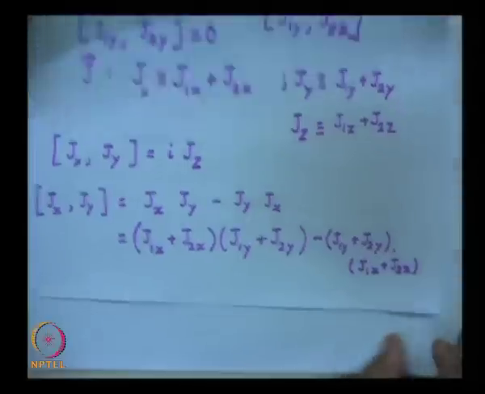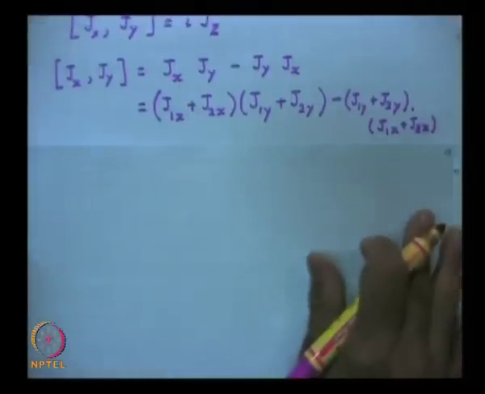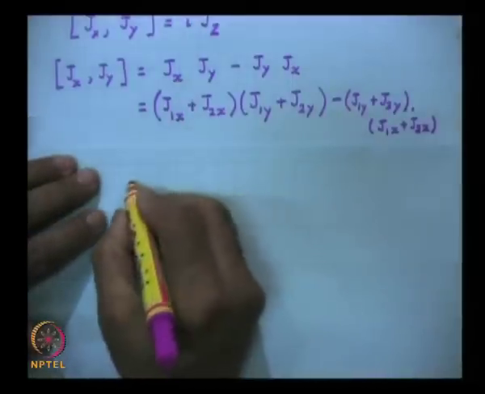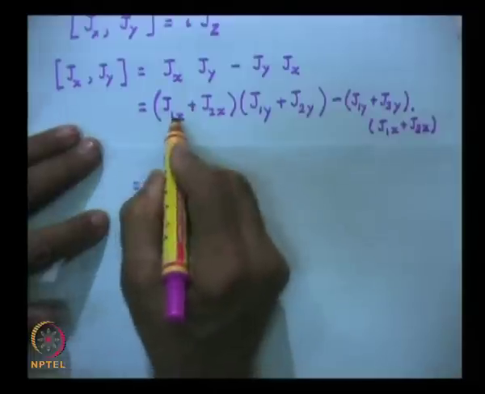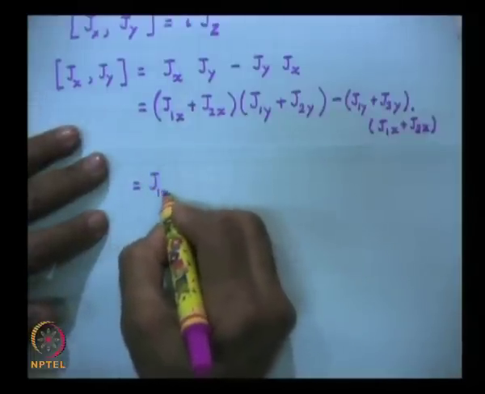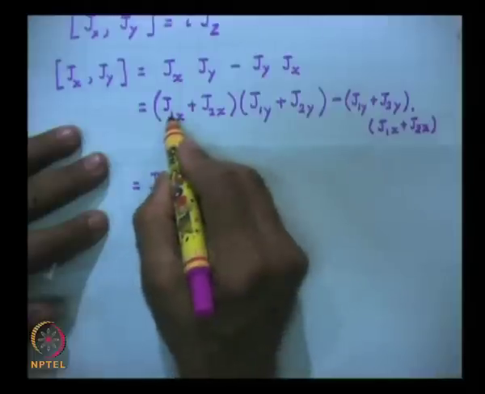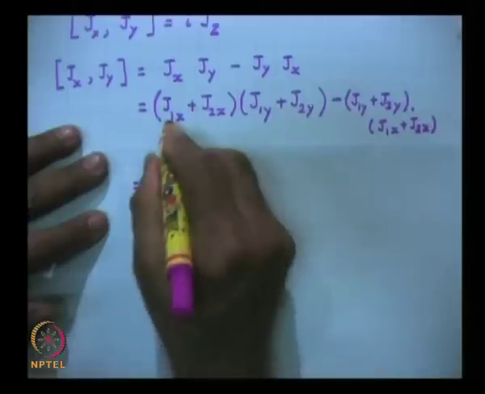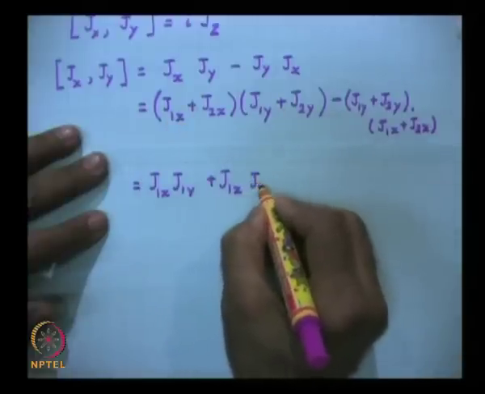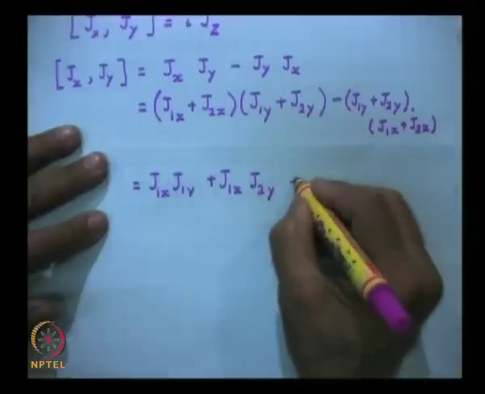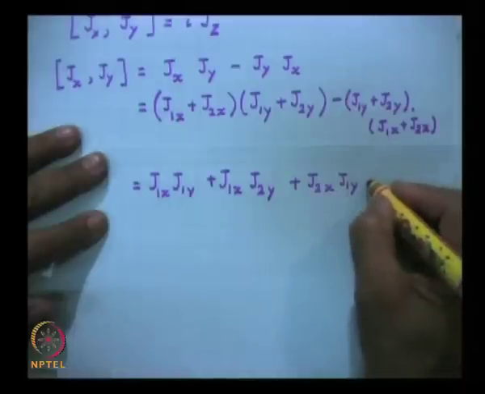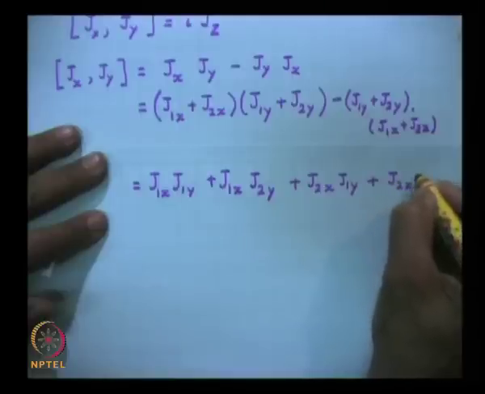Now, let me just brute force multiply. So, you will have J1x J1y plus J1x J2y plus J2x J1y plus J2x J2y.